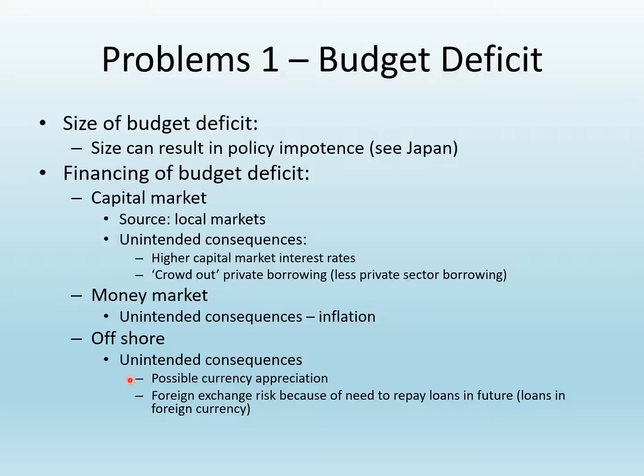Government is taking bonds offshore, but it's bringing foreign exchange back. The supply curve shifts to the right, the currency can appreciate. If the currency appreciates, under certain special conditions, it has the potential to undermine the competitiveness of locally produced goods, particularly for the export market.